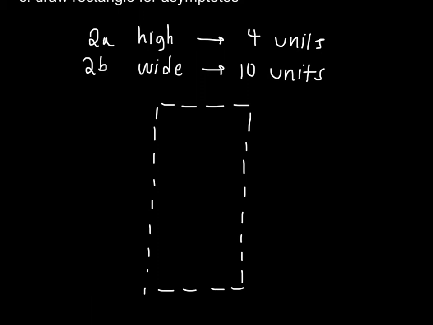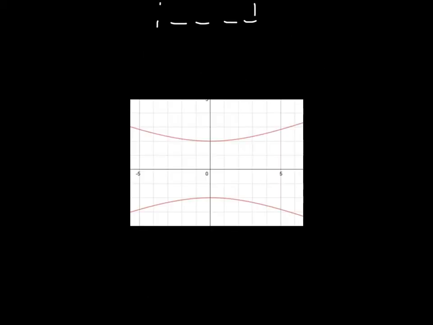This is a rough sketch, and then we will make our asymptotes through this rectangle and draw our curves. So this is our hyperbola, and we can identify our vertices at 0, 2 and 0, negative 2. Our foci lie at root 29, which is approximately 5.4, so this will be 0, 5.4 and 0, negative 5.4.